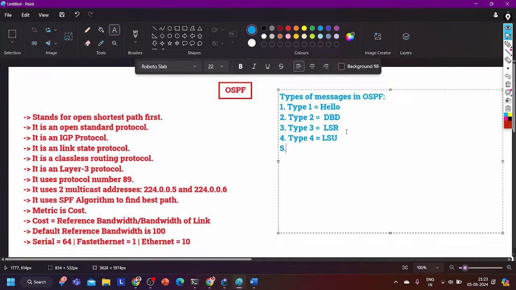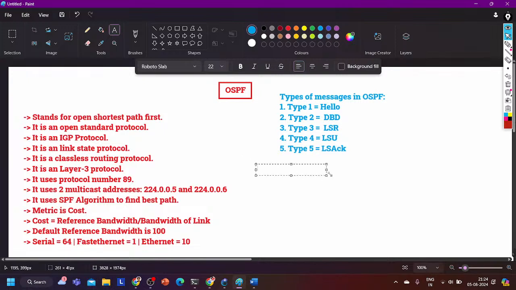Then the fifth type of message, type 5, is LSAck, link state acknowledgement. So how many messages are there in OSPF? 5. Done guys? Clear?